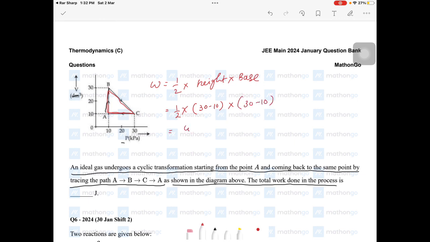So now total 40 by 2, 20. Here the answer is in decimeter cube kilopascal; converts to meter cube kilopascal, converts to pascal.